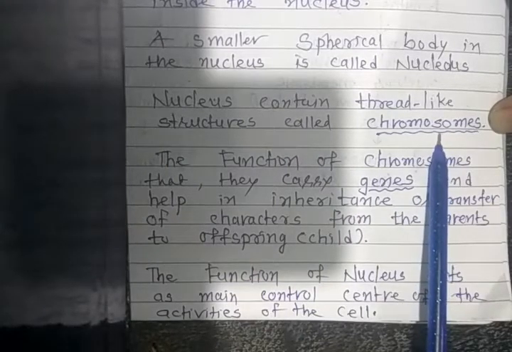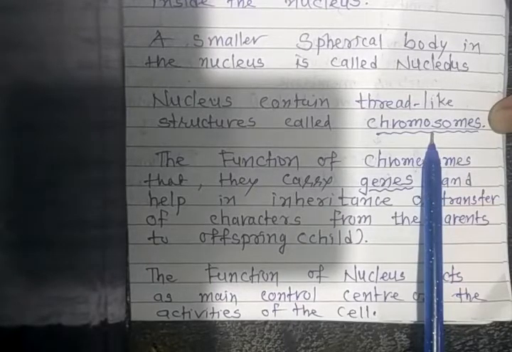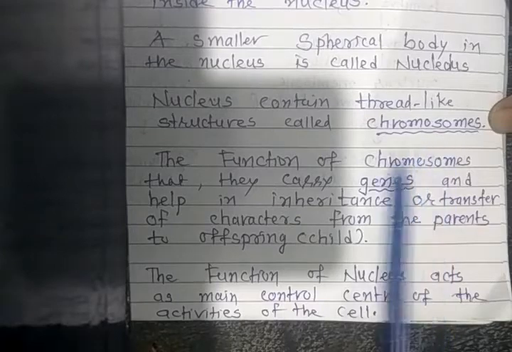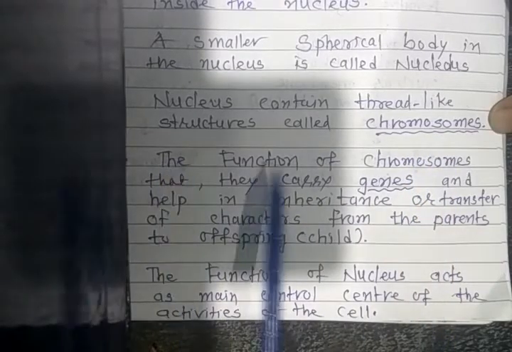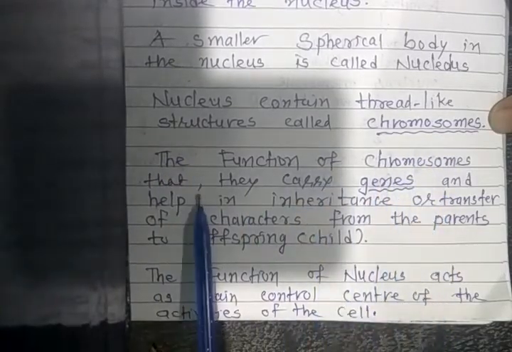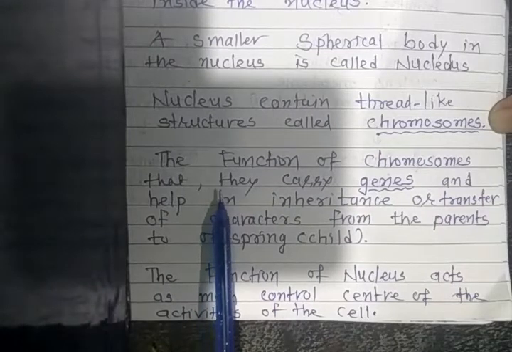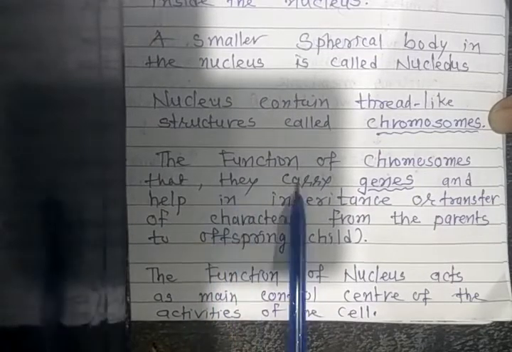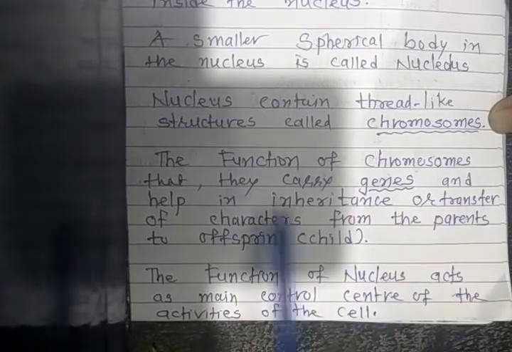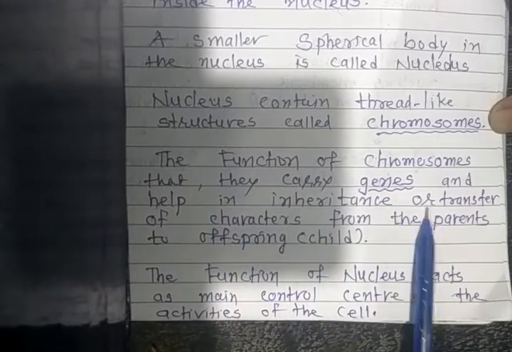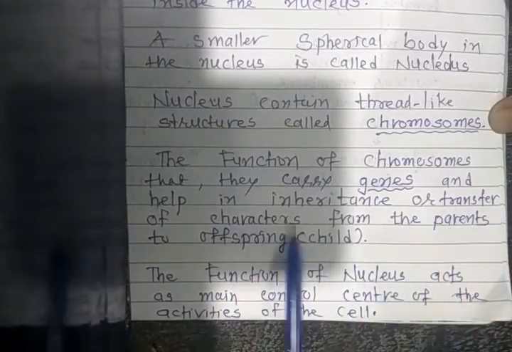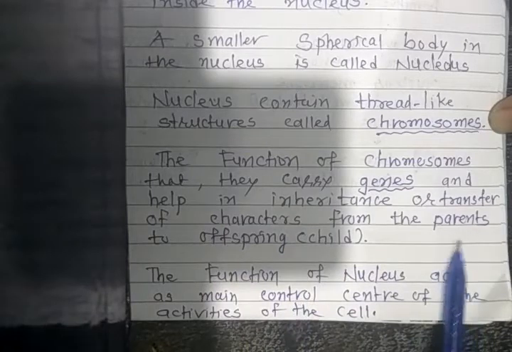DNA, deoxyribonucleic acid, is made up of chromosomes. The function of chromosomes is that they carry genes and help in inheritance, or the transfer of characters from the parents to offspring.